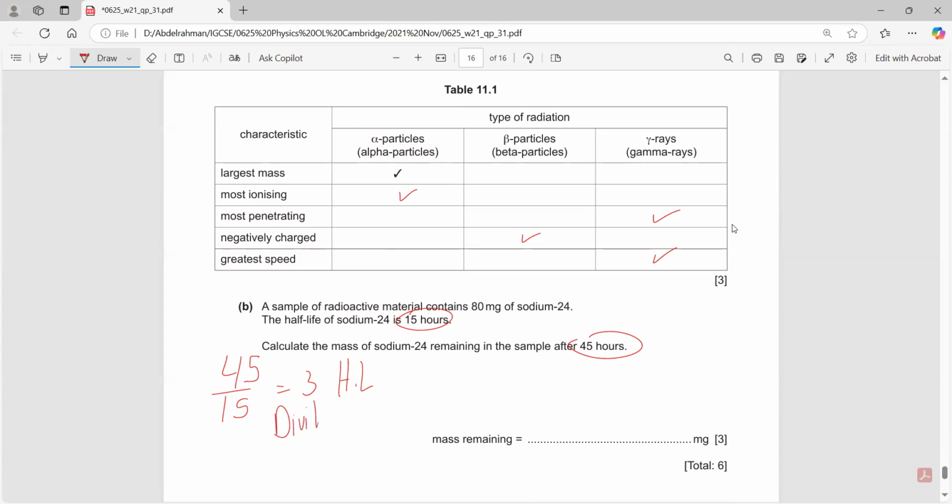It means I divide by 2, three times. 80 divided by 2 is 40. Again, divide by 2, it's 20. Divide by 2 again is 10. So the remaining mass is 10 milligrams. Okay?